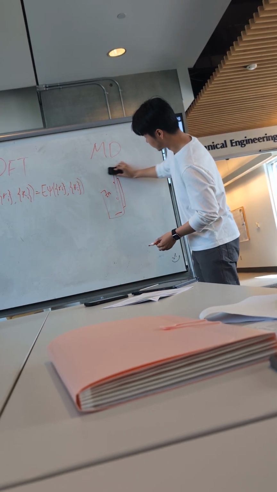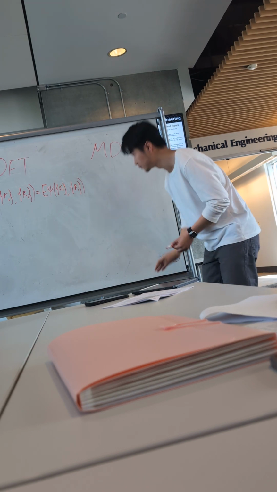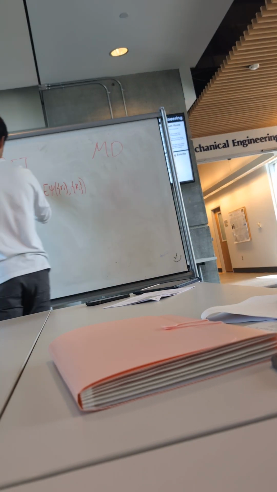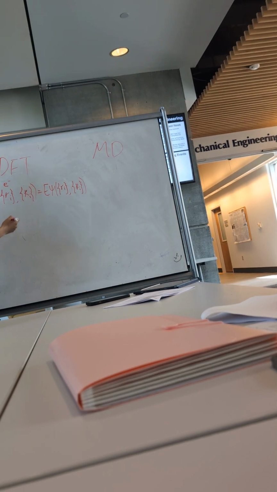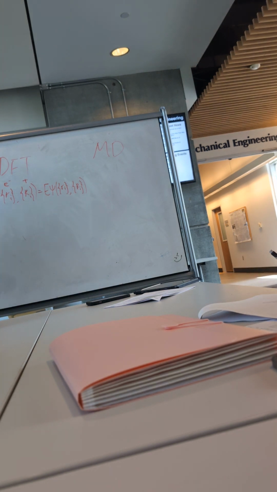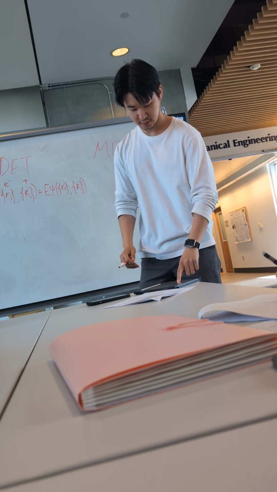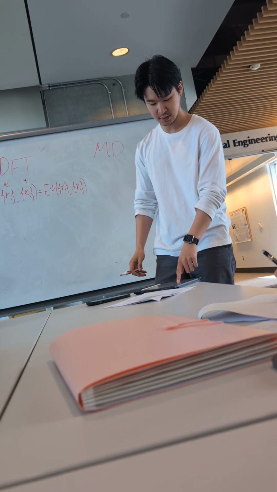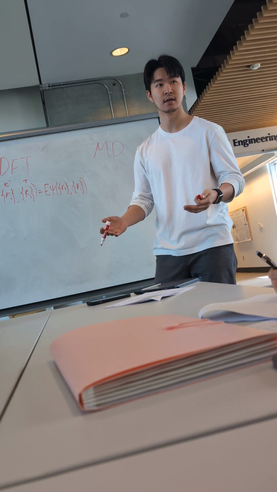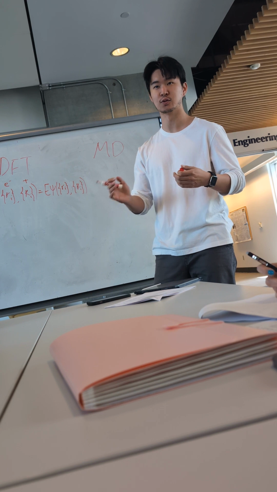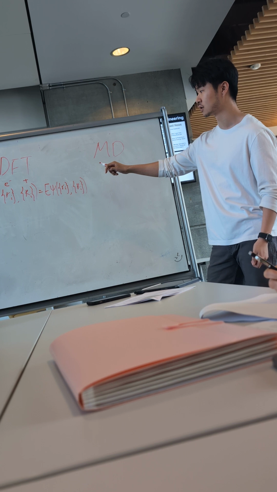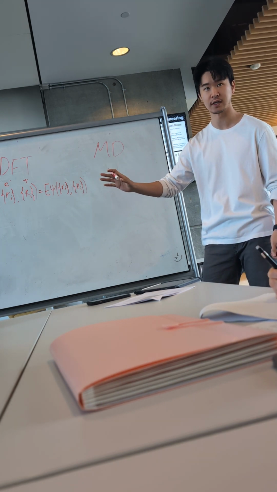Okay, so going back to DFT, that is a many-body Schrodinger equation. This small r represents the electron. The big R is the nucleus. And this is where the first approximation comes in, which is the Born-Oppenheimer approximation, which is pretty much saying that the nucleus is super heavy and the movement is going to be really slow, whereas the electron is going to be the opposite, light and fast.